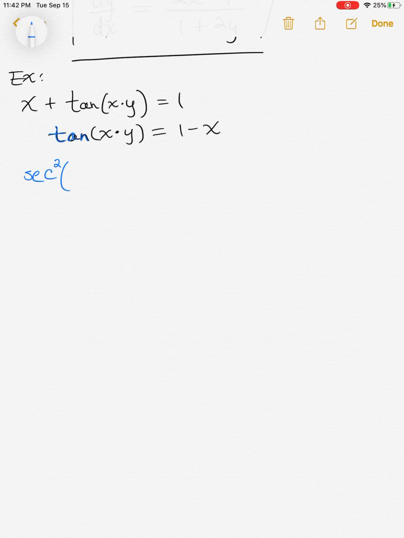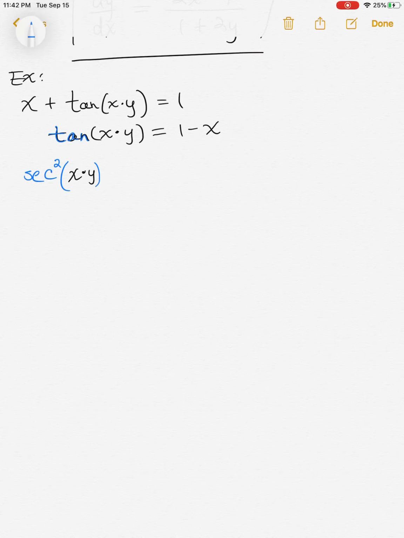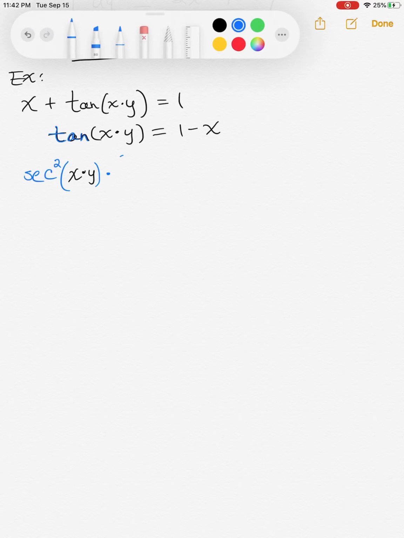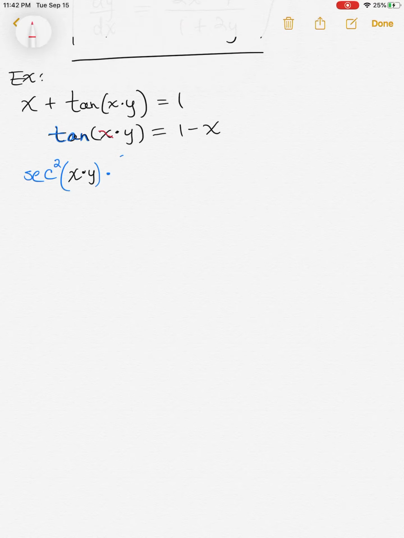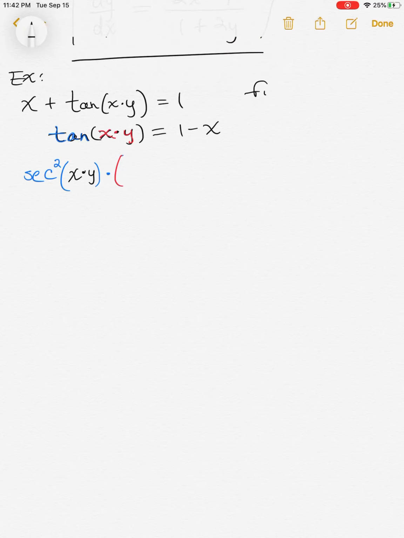The derivative of tan is secant squared of the information on the inside, and then multiplied by the derivative of the information on the inside. Notice we got a product rule going on there.